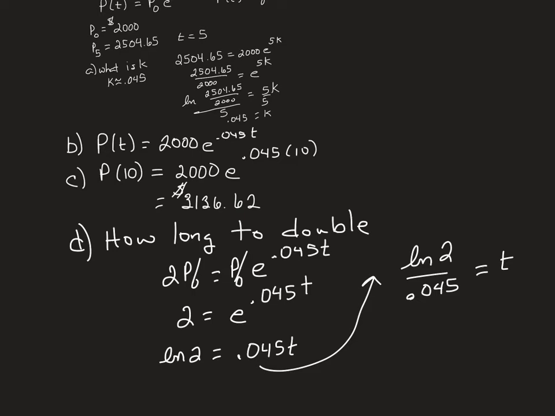So if we're going to find how long it's going to take this population to double, we get about 15.4 years after the initial deposit. I don't think we said when we had deposited this initially, but it's going to take about 15.4 years to double, right?